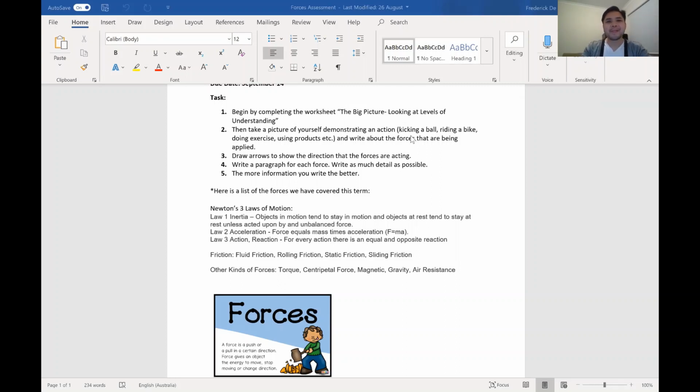All right. Then you need to write a paragraph for each force, okay? Now, when I say paragraph, I don't mean like one whole page. Maybe just a few sentences, maybe 3 or 4 sentences about that force, okay? I've written there as well, write as much detail as possible. So say you took a picture of yourself jumping.